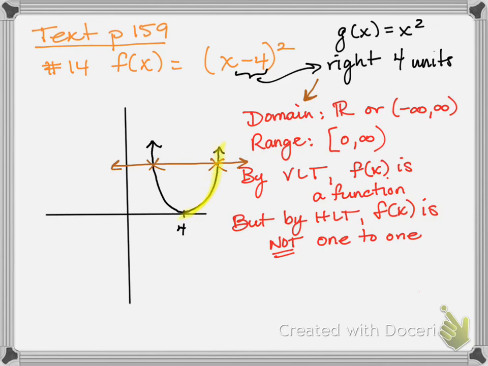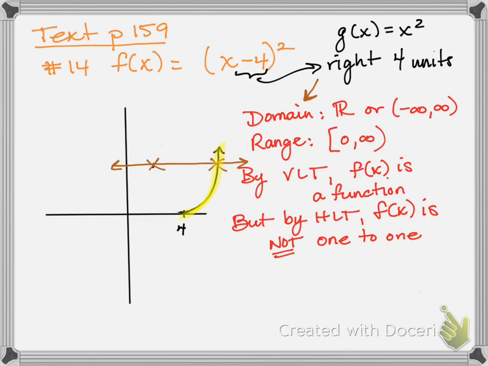So what I'm going to do is eliminate the part of the graph that I don't want, and that's going to be this part. If I erase this part, all of a sudden my graph is going to pass the horizontal line test, and now it is only intersecting once.